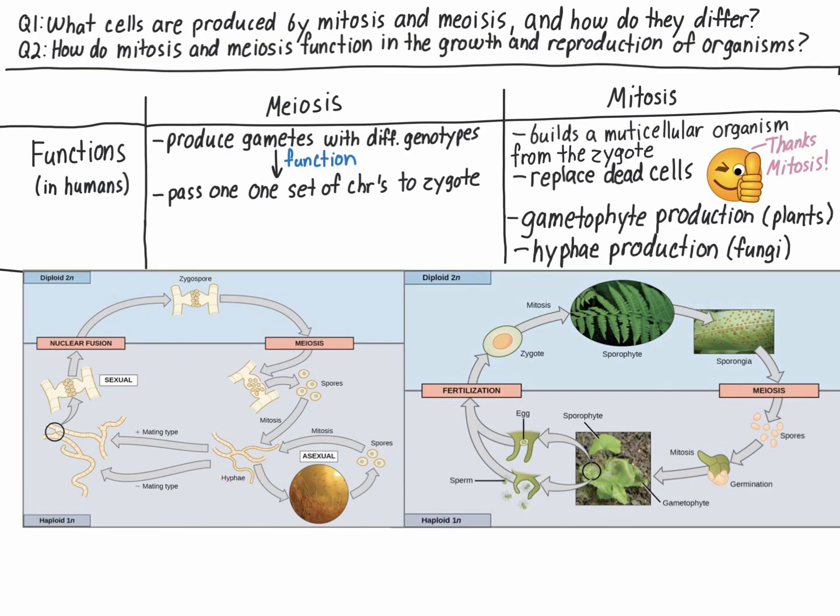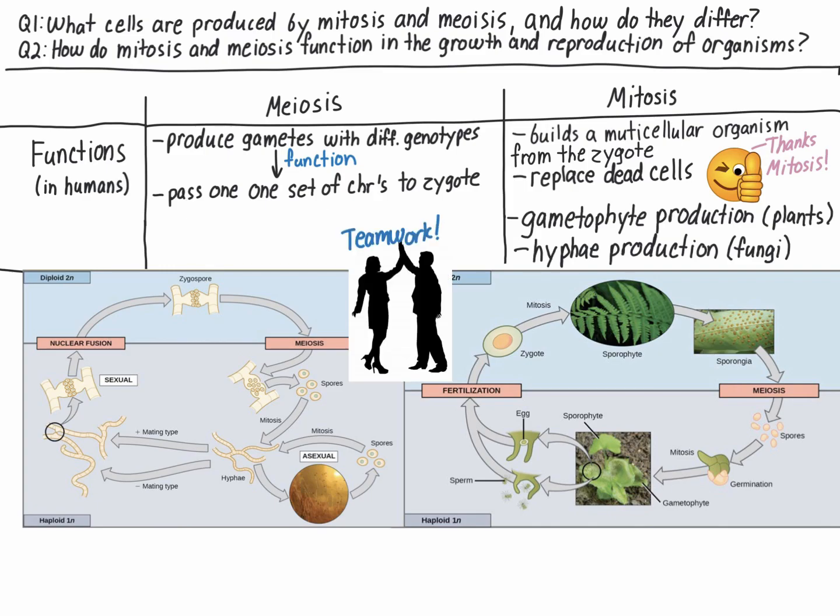So we can see that in plants and fungi, meiosis and mitosis work together to make the multicellular haploid structures that form part of their life cycle. Mitosis also plays a role in producing plant gametes, but we'll cover this in a later video.